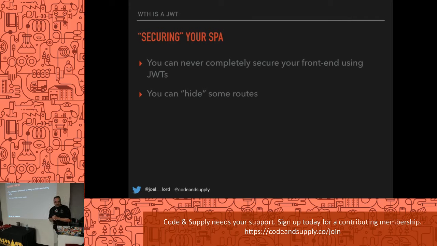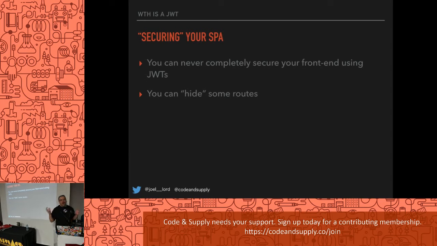Now, if you need to secure your single page application, like I said, you can never really secure any of the routes. Because all of the code is there, you can just do an inspect element and show and hide different elements. So if you have a button that is just hidden from the user with an if user equal admin, it's very easy to actually go in there and just show the button. So you can always have access to all of the stuff that is in the UI that is meant for all of the users.